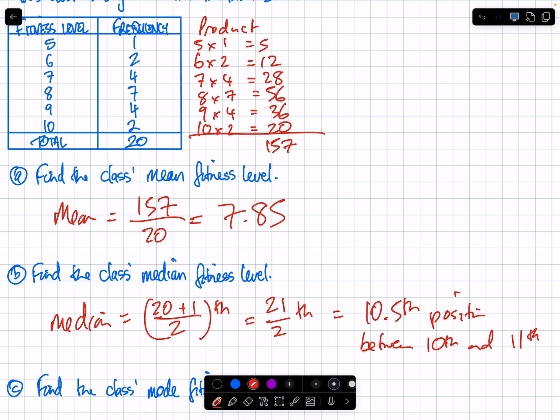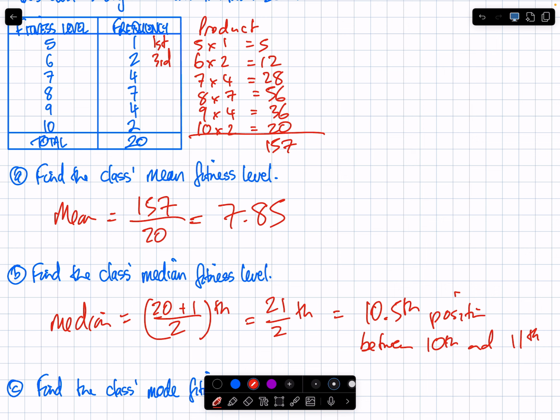If we've got one 5, that's the first number. So the 5 there is the first number. What number are we up to if I've got another 2 on top of the first? The third position, because this 5 was my first number.